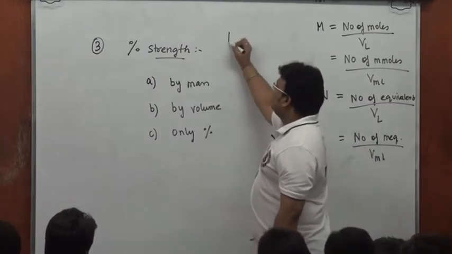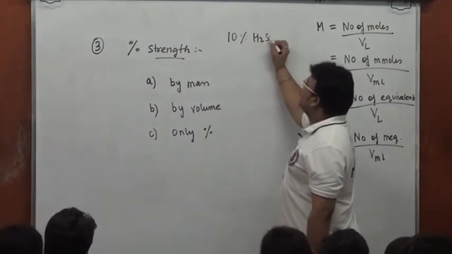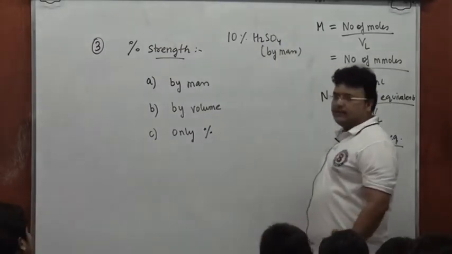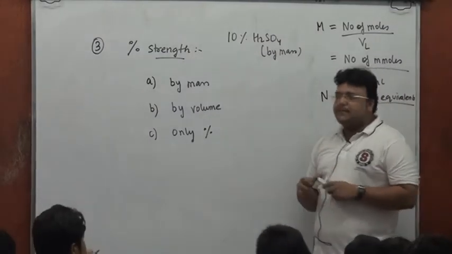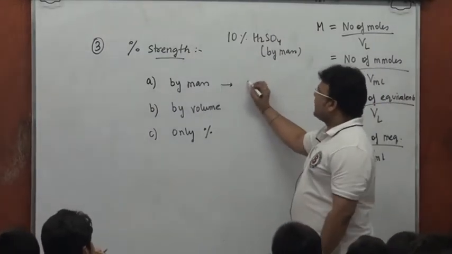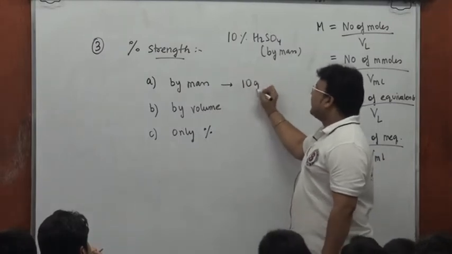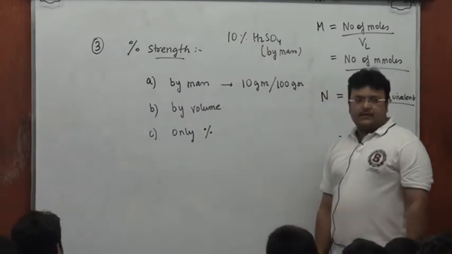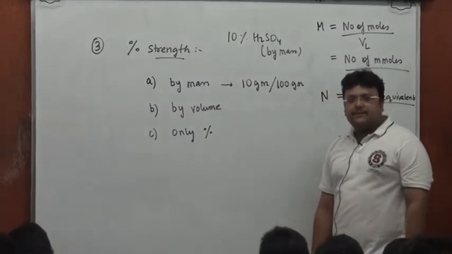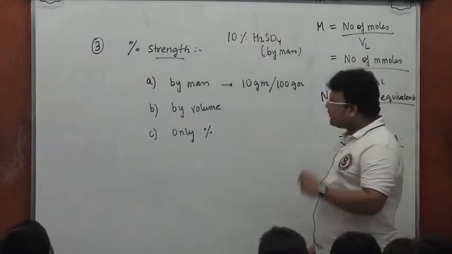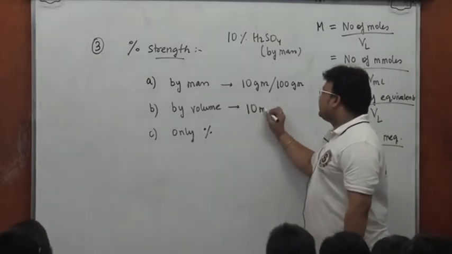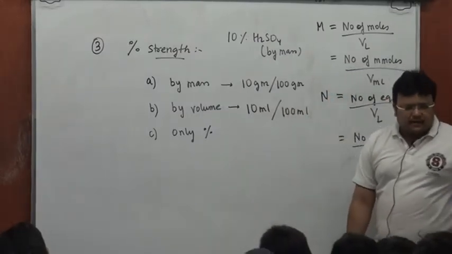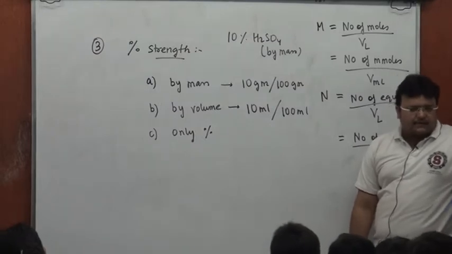So you could be told 10% H2SO4 by mass. 10% sulfuric acid or NaOH by mass will mean 10 gram per 100 gram of the solution. By volume would mean, say, 10 ml per 100 ml of the solution.